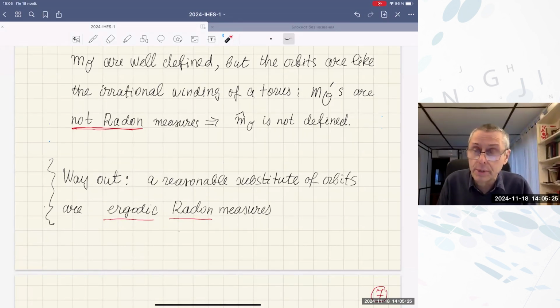These are ergodic. And it turns out that in this situation, all measures will be infinite ones. But nevertheless, one can say what ergodic means. As usual, ergodic means that any invariant subset either has mass 0 or its complement has mass 0.